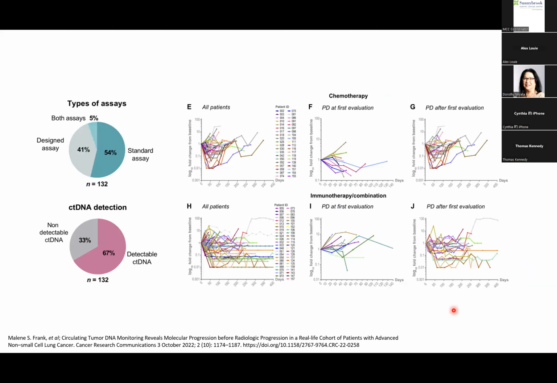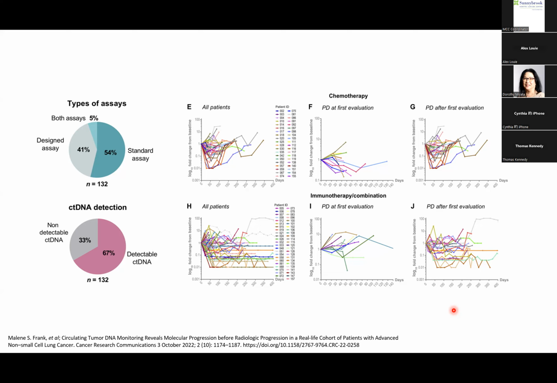So in these patients, a little over half of the patients were able to have a standard assay, and the remainder had either both a designed and standard assay or a designed assay alone. And cumulatively, from standard and designed assays, approximately 70% of patients, again, were able to have ctDNA detected.